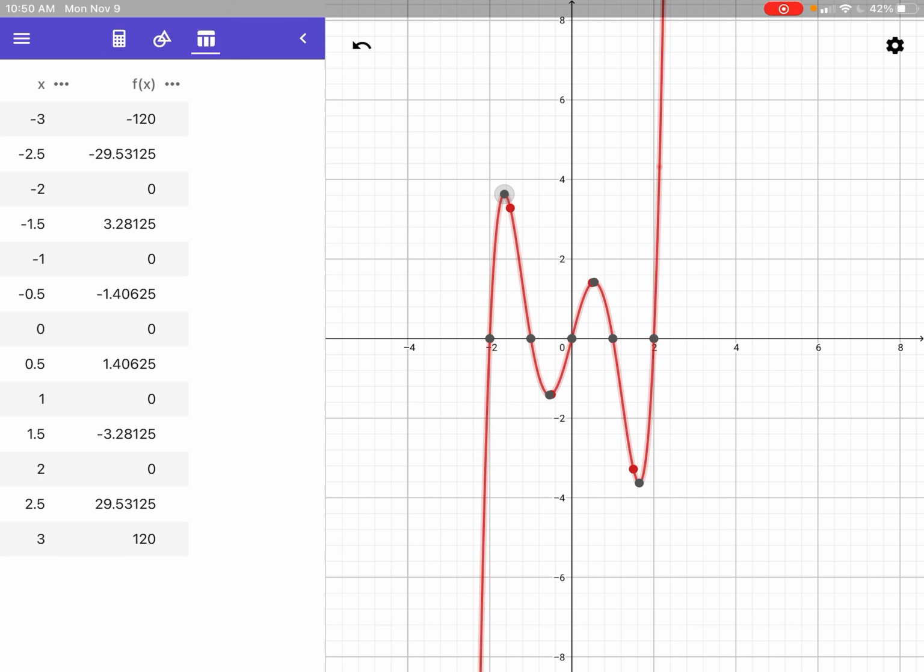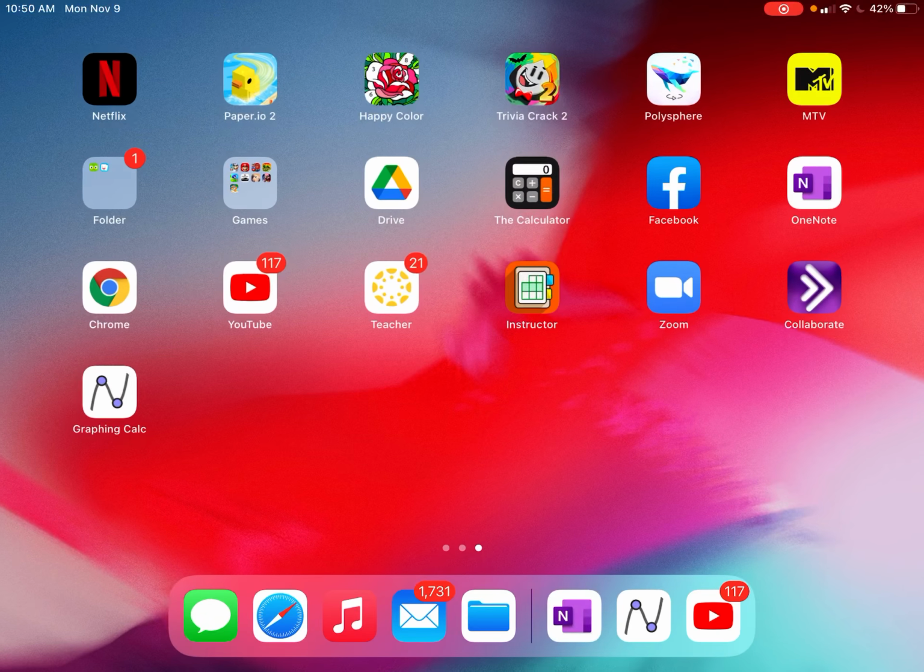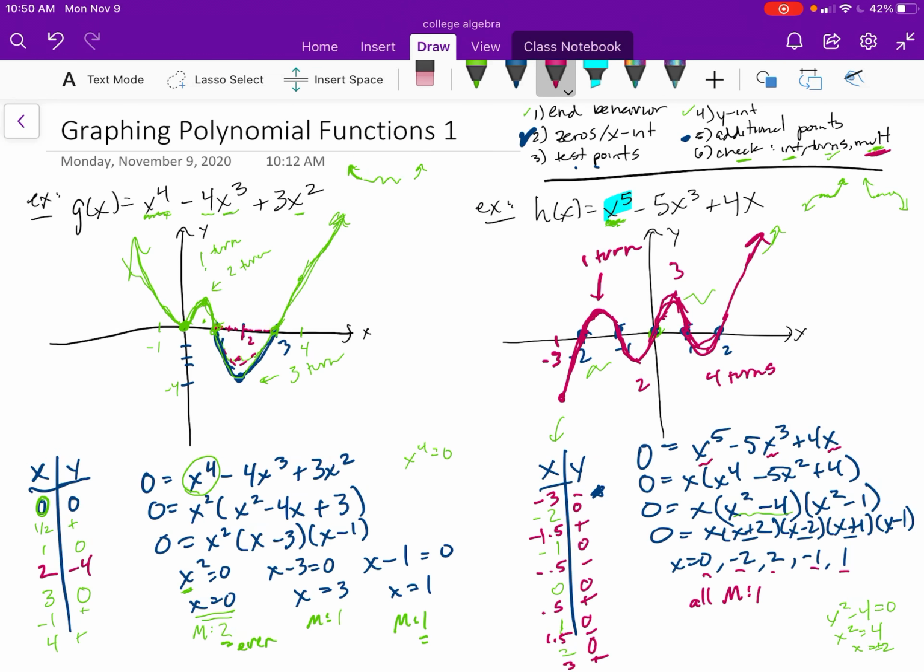So now this is a quick way to calculate all of those intermediate values I was testing, right? So for instance, at -1/2, we got negative about 1.4. All I wrote in my chart is that it was in fact negative, right?